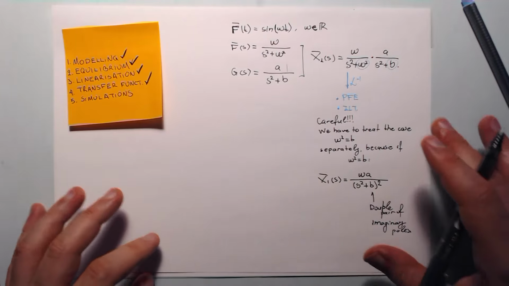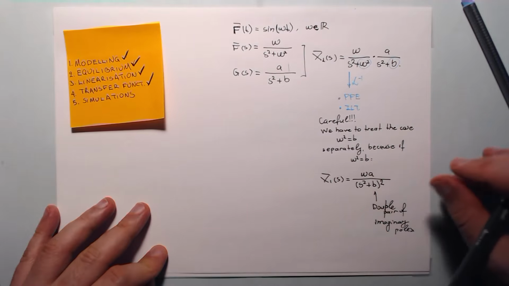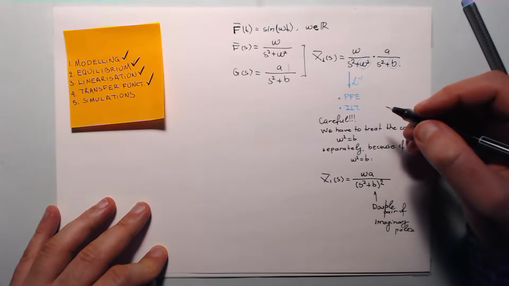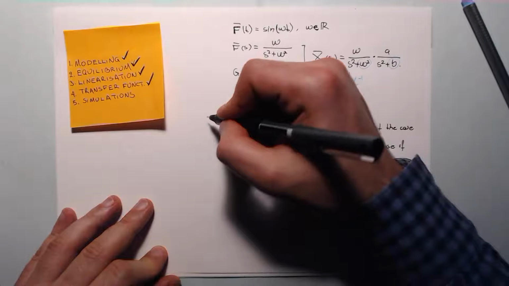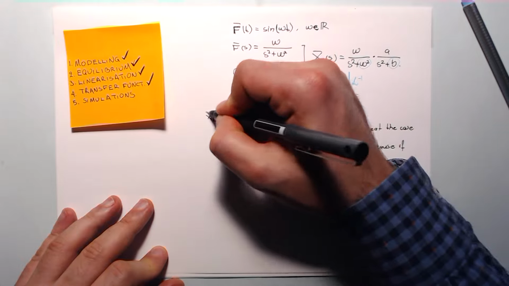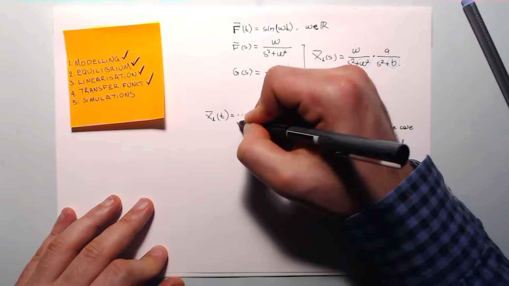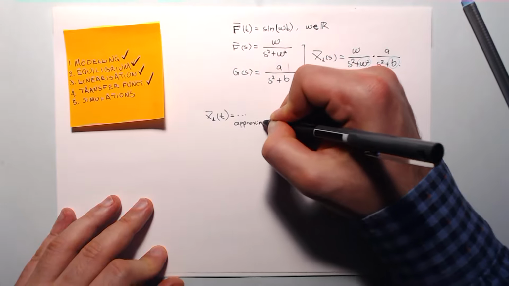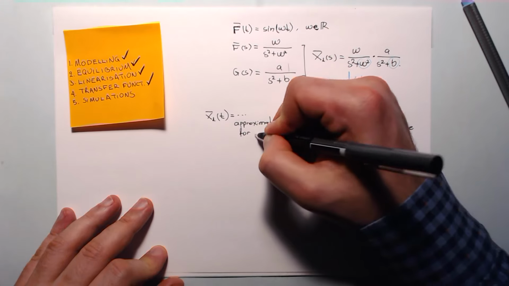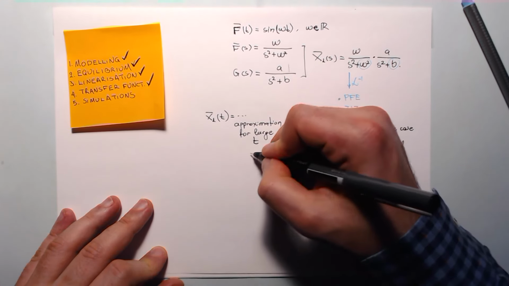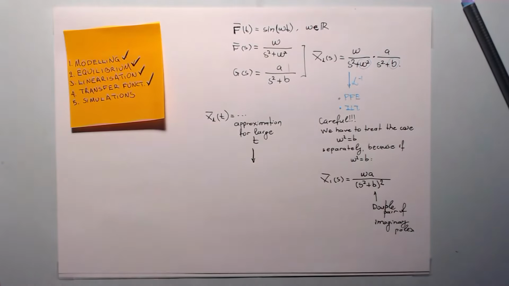Usually we try to avoid taking inverse Laplace transforms of such complicated functions. Instead, there is a beautiful theory that can give us an approximation of x1 bar of t for large times t. We will study that in an upcoming video lecture.